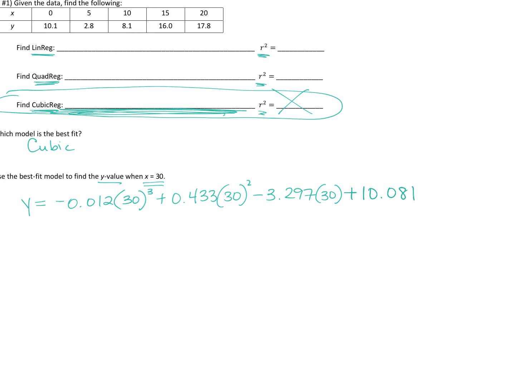So you're literally just, wherever there's an x, put in a 30, and then plug that into your calculator, all in one shot. The calculator will do the work for you. What do you get? You should get a negative 23.129.